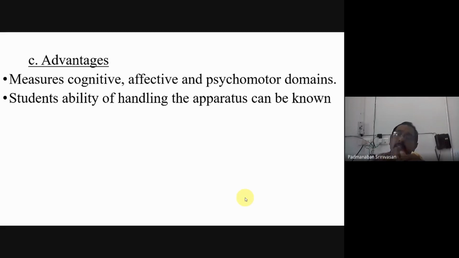Without knowledge of the theory, we cannot do the practical. So if we do the titration, we should know the law of titration. What is the law of titration? You have done titration, no? You got that formula V1 N1 = V2 N2.